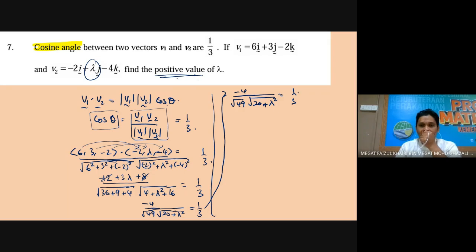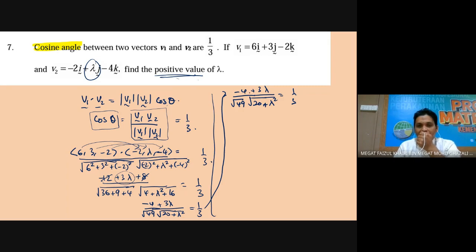So cross multiply, 3 times negative 4. Wait. Negative 12 plus 8 equals negative 4. I forgot this 3 lambda, plus 3 lambda.